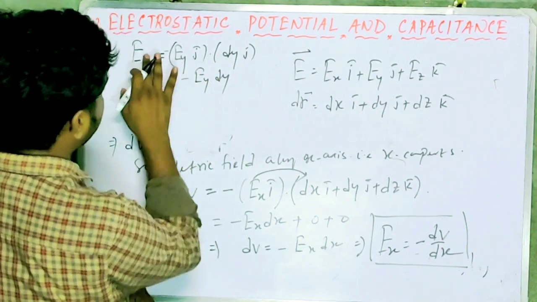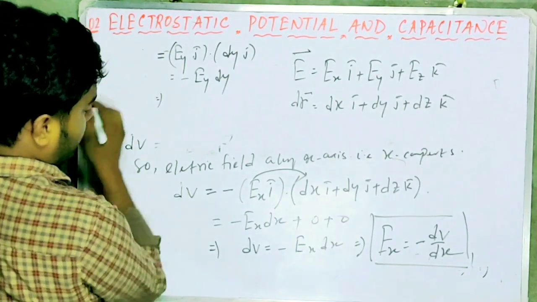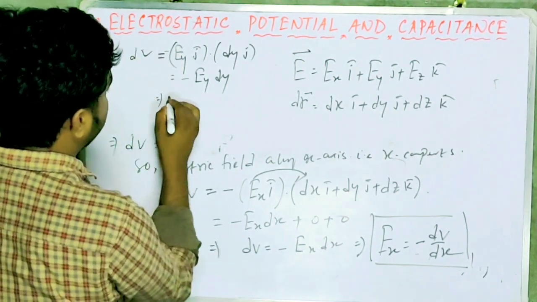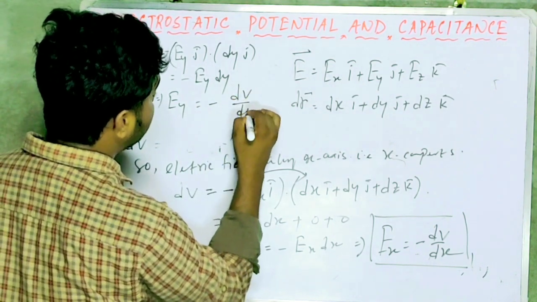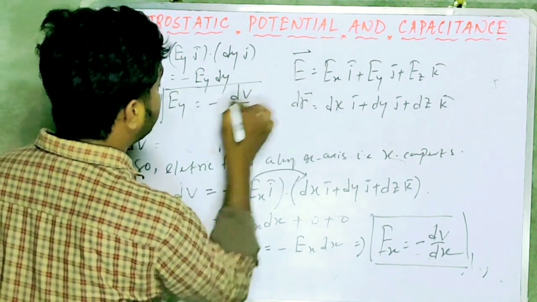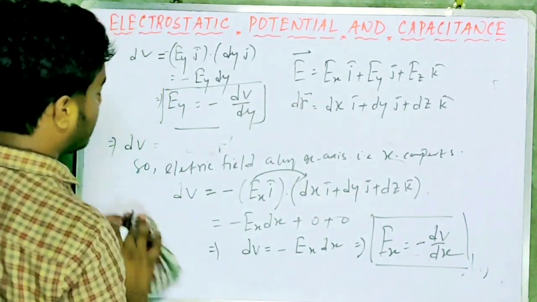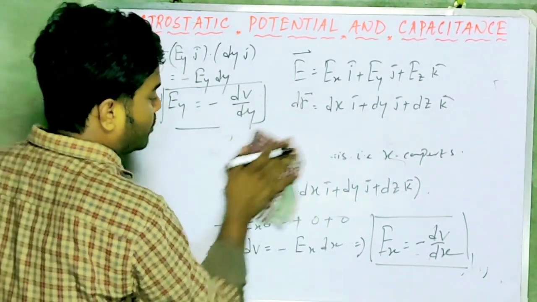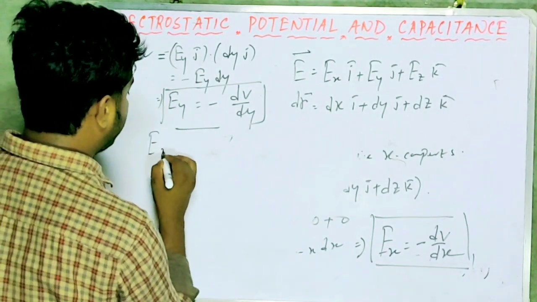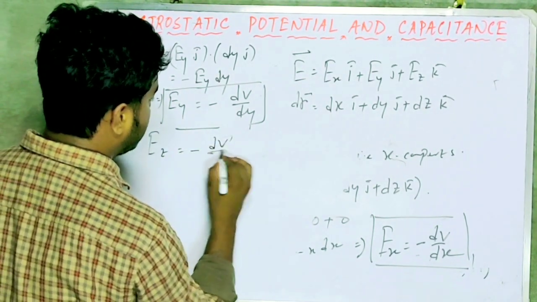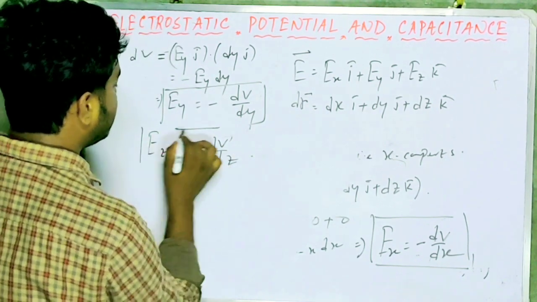Sorry, this one is dV. Ey will be minus dV by dy, the y component of electric field. Similarly, the z component of electric field, Ez, is equal to minus dV by dz.